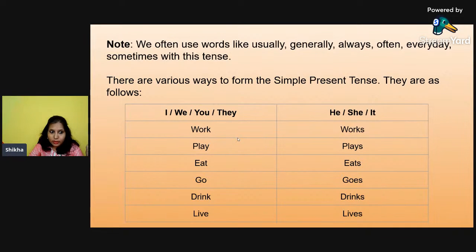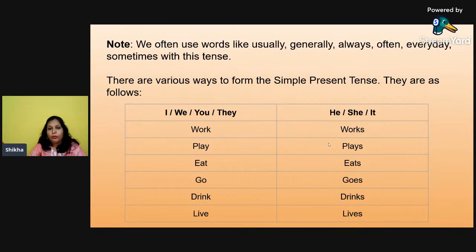Whenever we are using the pronouns I, we, you, they, the verb will be without s, like work, play, eat, go, drink, live. You can see that we are not using s here.